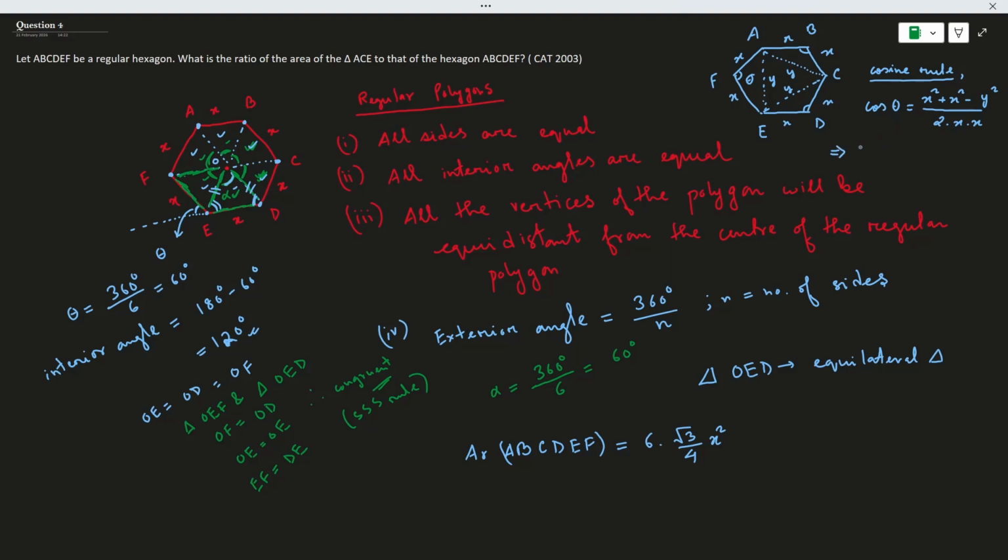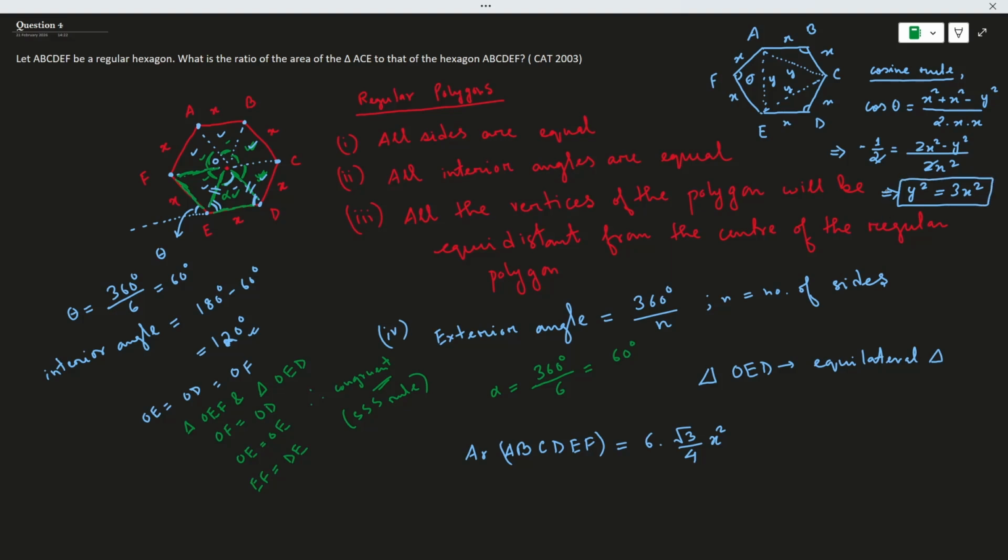Theta is 120 degrees, and cos 120 degrees is basically minus half, which is equal to 2x square minus y square divided by 2x square. Just cancel the 2 and 2. So from solving this equation, you will get y square is equal to 3x square.